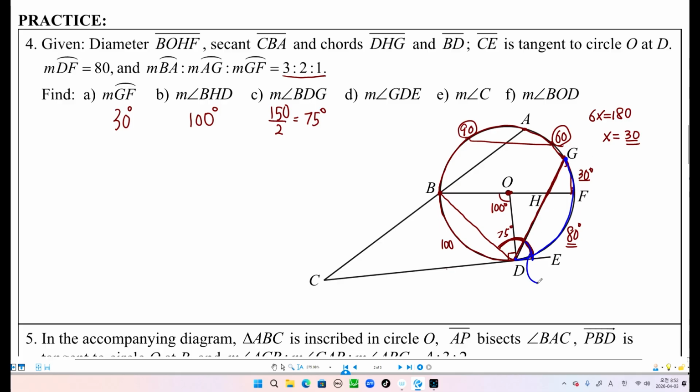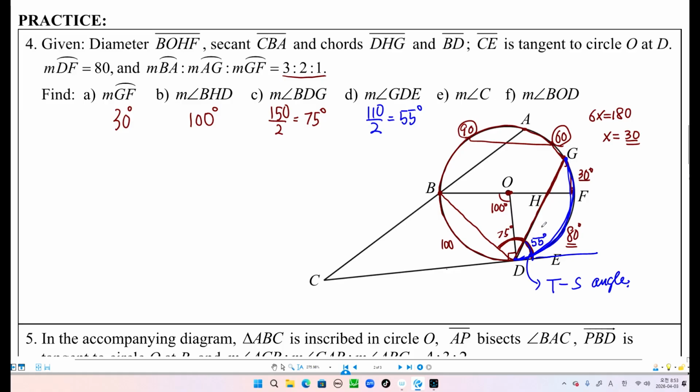Usually we say this angle is a tangent and secant angle, okay? So this is a tangent-secant angle. This angle is always half of this measurable arc, okay? So 110 divided by 2, right? 110 divided by 2 is what? 55 degrees, okay? This one is 55 degrees.